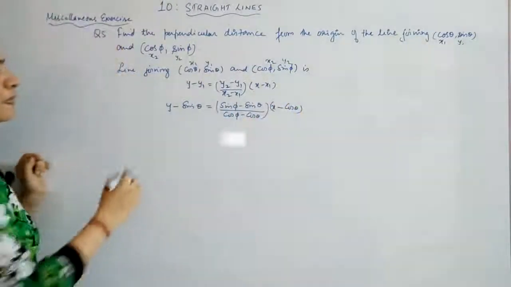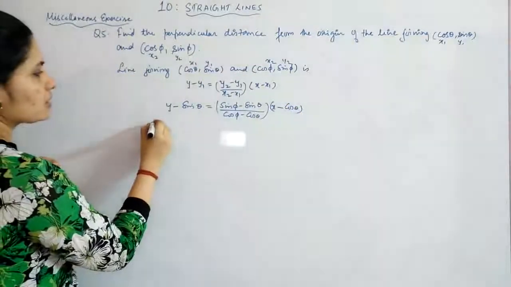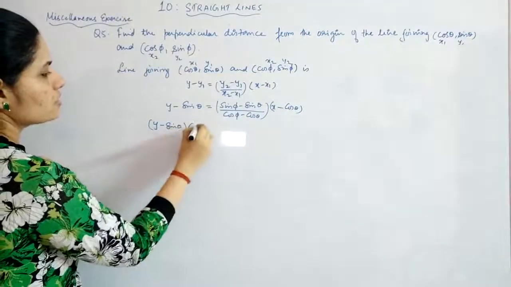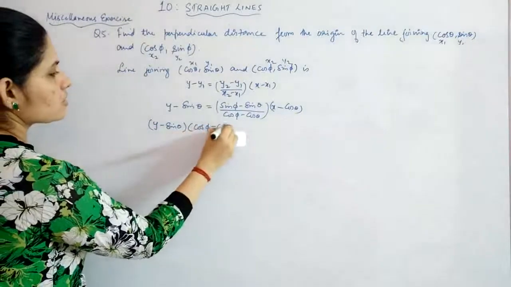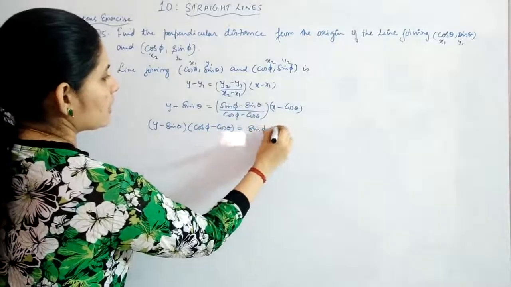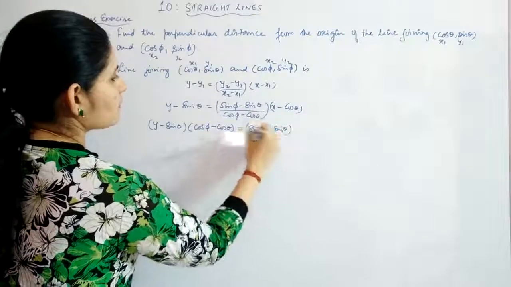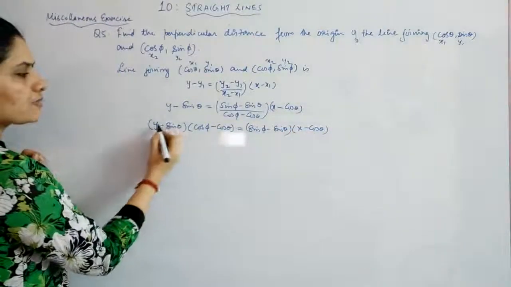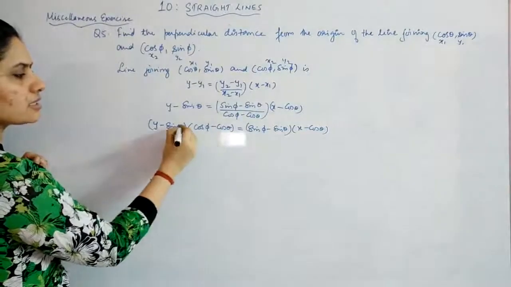Now we are just simplifying it, that is y minus sine theta into cos phi minus cos theta is equal to sine phi minus sine theta into x minus cos theta. Now we can just split y into this and sine theta into this term.